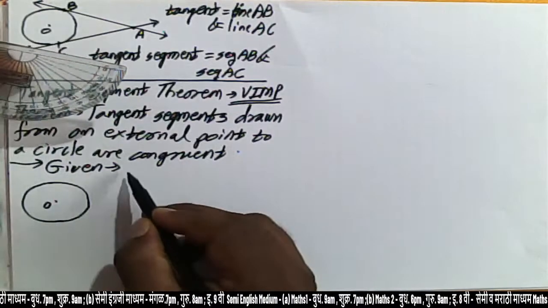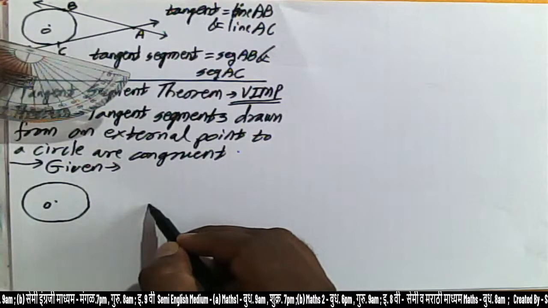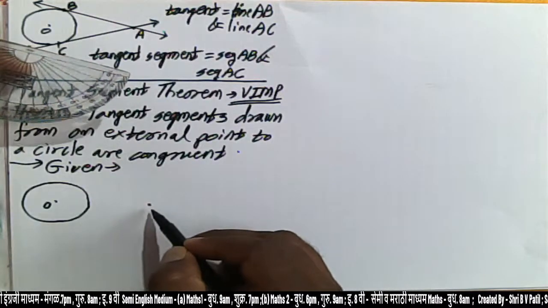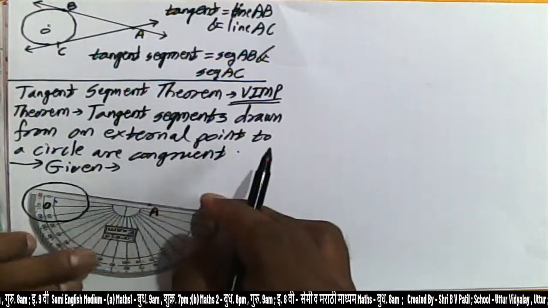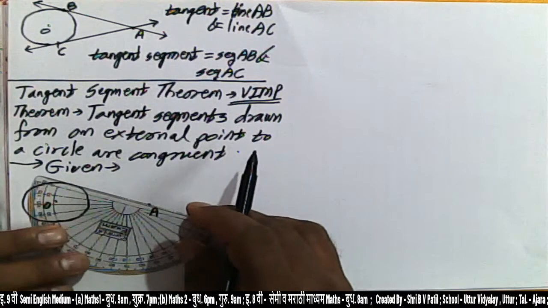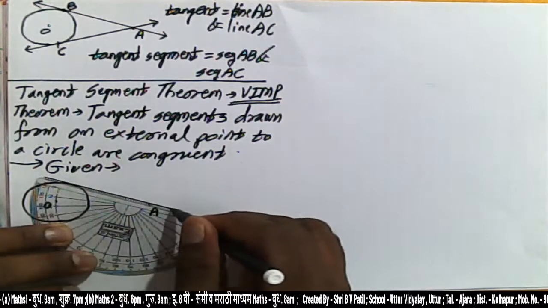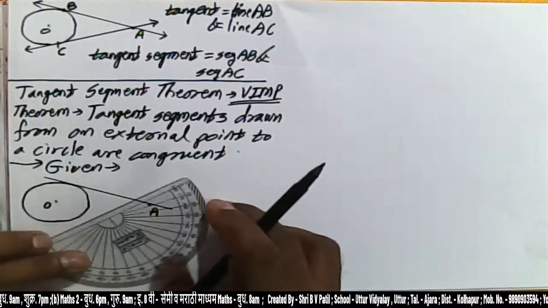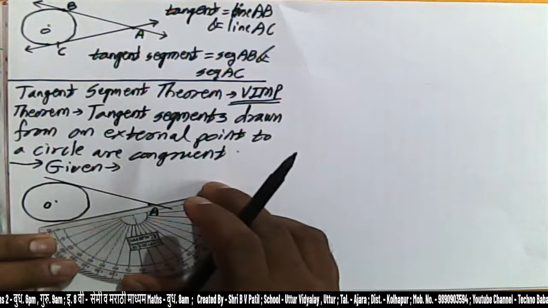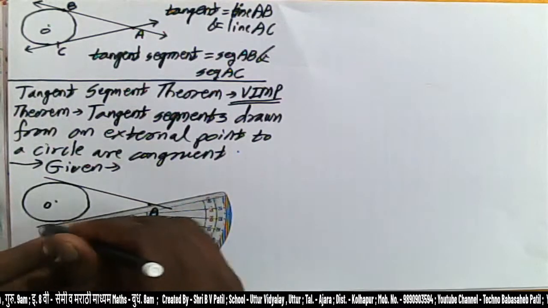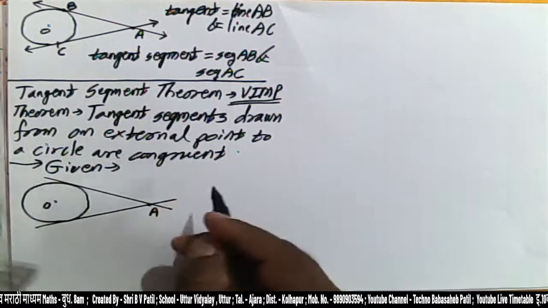O is the center and the external point is A. From A we draw tangents, the first tangent and the second tangent.